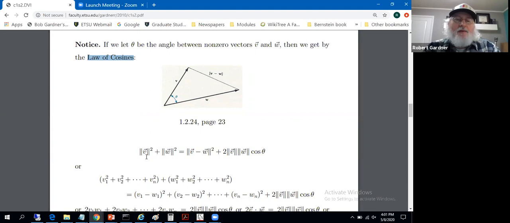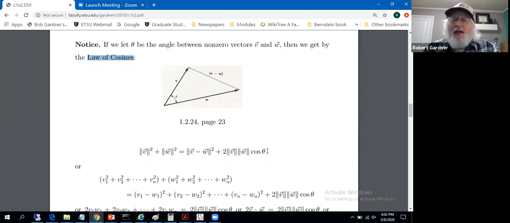It says the distance squared of one side plus the distance squared of another side equals the distance squared of the third side plus this additional little quantity over here. If theta were a right angle, then this would be a squared plus b squared equals c squared, if you like.